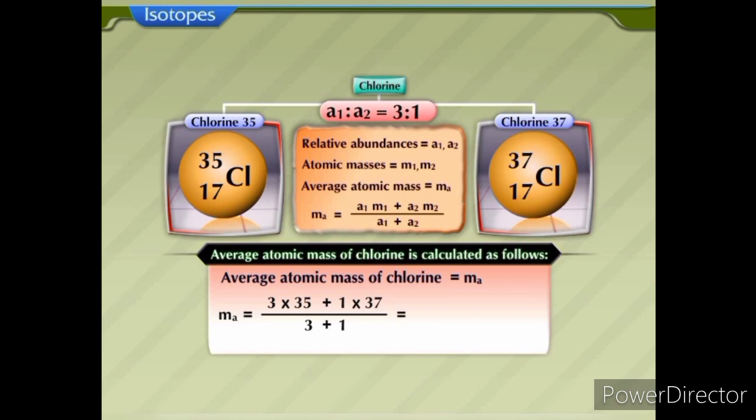This equals the sum of 105 and 37 divided by 4. This equals 35.5. Thus, the average atomic mass of chlorine is 35.5.